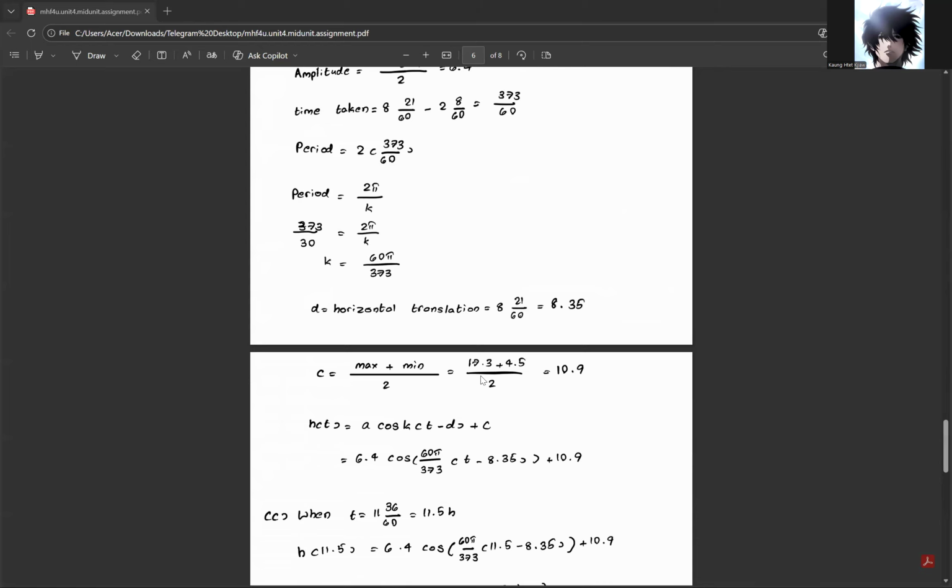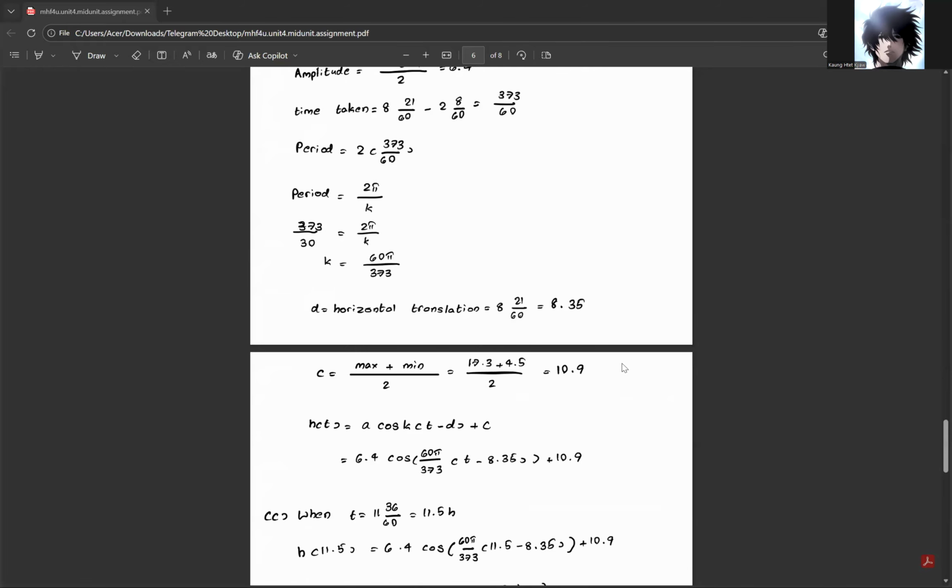Since the cosine starts at the maximum and the high tide happens at 8:21 a.m., I convert that into decimal form. 8 plus 21 divided by 60 equals 8.35 hours.